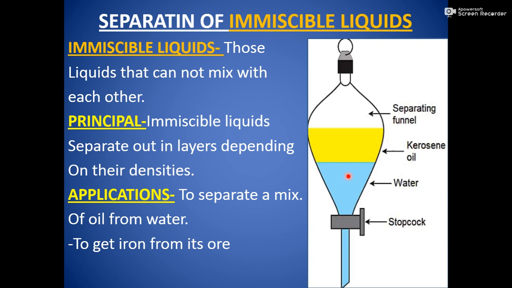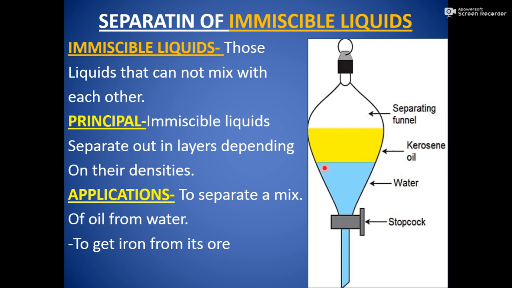And that's why the water settles down at the bottom, whereas kerosene will settle on the top. You have to keep the mixture for some time so that they can settle down according to their density.